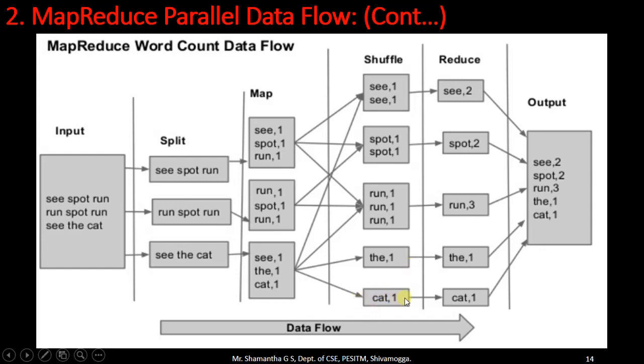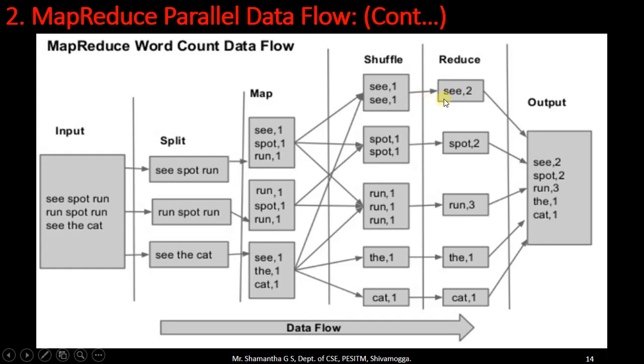Similarly, all the cat words will come into this block. Each block indicates one word and the number of times it is repeated. C is repeated 2 times, spot is repeated 2 times, run is repeated 3 times, the is repeated 1 time, cat repeated 1 time. In the reduce phase, these numbers of occurrences of individual words will be collected and reduced to a value.